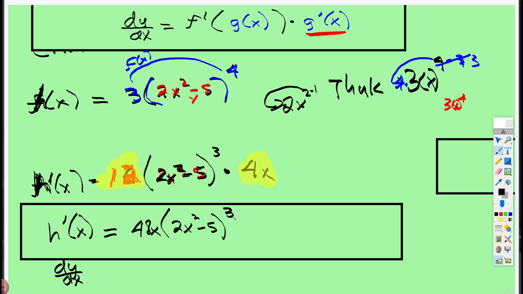And then you leave this in the parentheses cubed. Now, if you wanted to, you could take the time to expand it, and then after you expand it, you would have to multiply all 4 terms by 48x. But this right here, I would allow as the final answer.